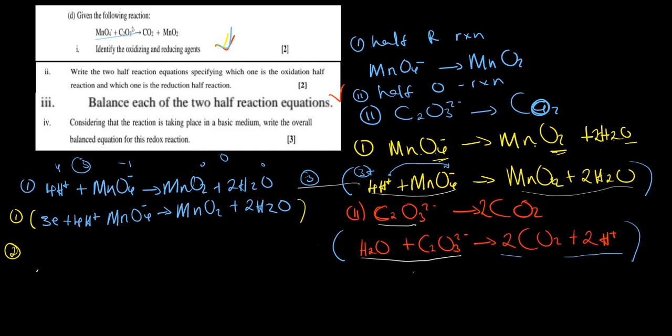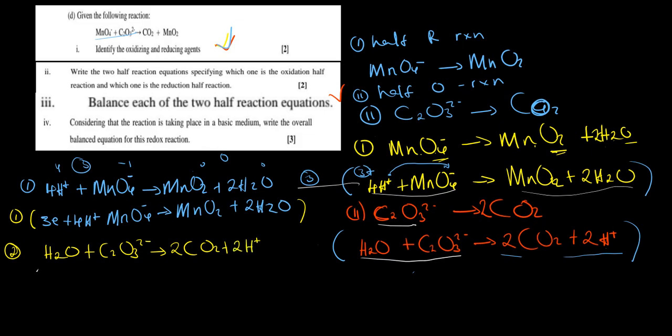So just to balance, since here I have negative 2, here I have positive 2, I'll add another 2 electrons this side. So I'll say H2O there, plus 2 oxygen 3 negative like that, then 2 carbon dioxide like that.